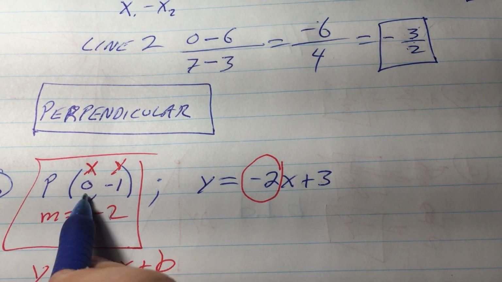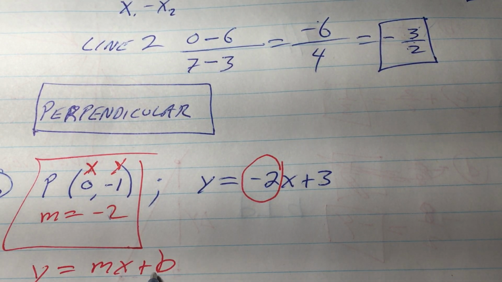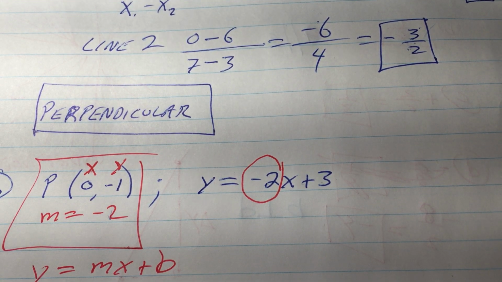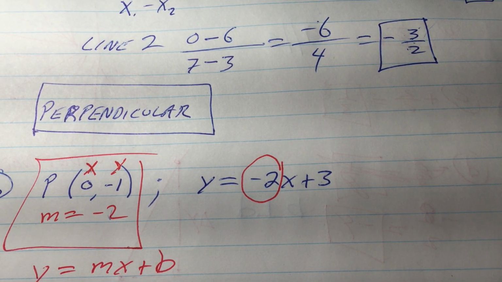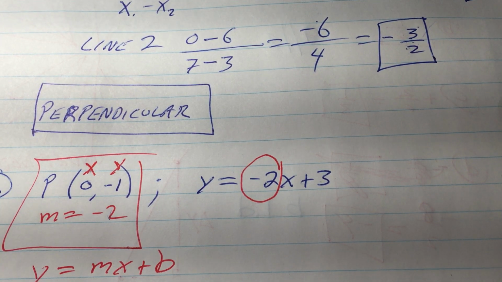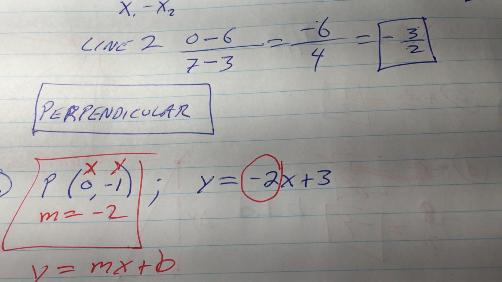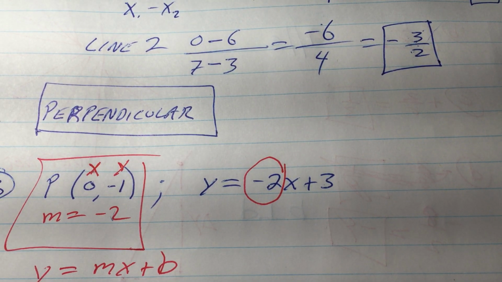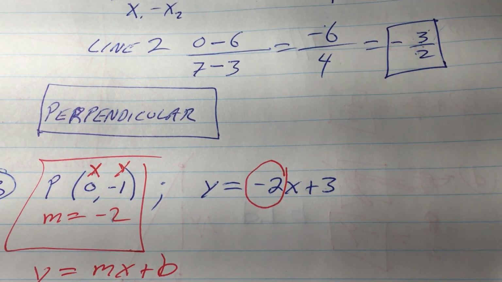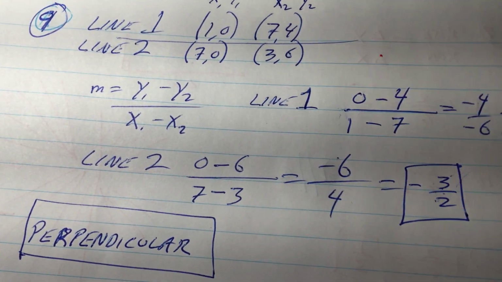Do we know what x is? X is 0, plus b. This is what we have to figure out now. So solve for b. Negative 2 times 0 is 0. B is negative 1. M is negative 2. Hey, we can write our equation.